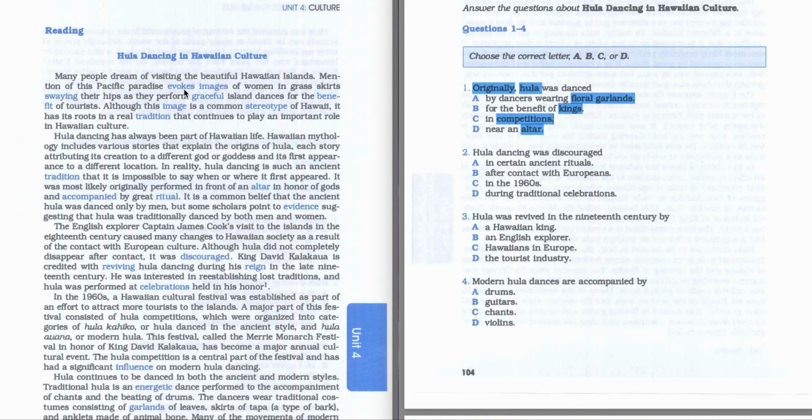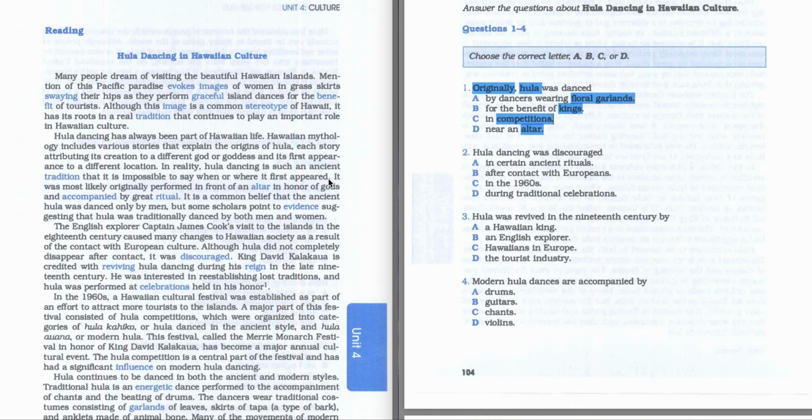Let's scan it. In the first paragraph we don't see any of these keywords, and we go further to the second paragraph. Here we have a lot of information, but it's not saying anything about hula dancing.